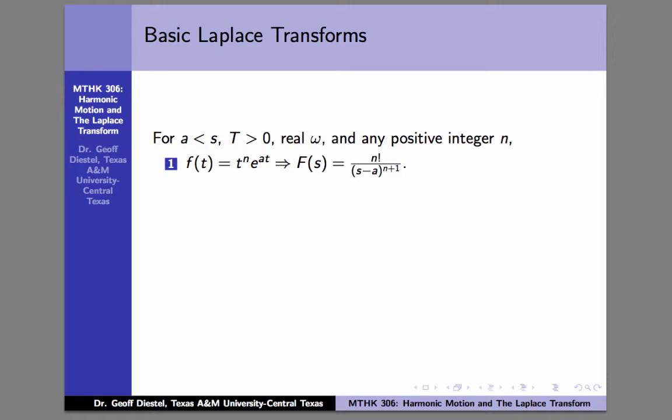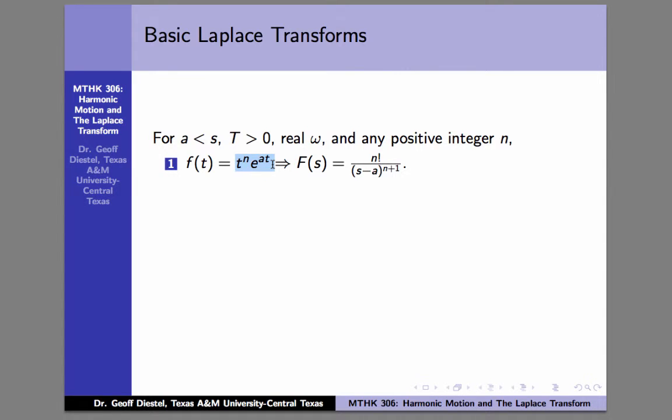So, to summarize. a is some fixed number. Whenever we have this exponential e to the a t, we realize that s has to be restricted to being bigger than a. T is some fixed positive value, w is some real number, and n is some positive integer. So we have our powers times exponential formula.